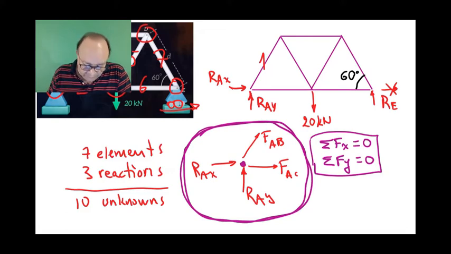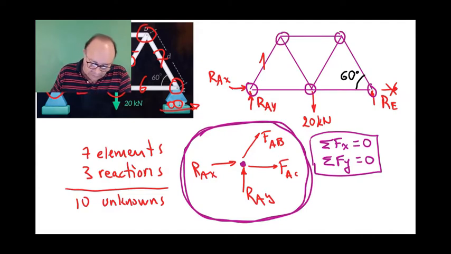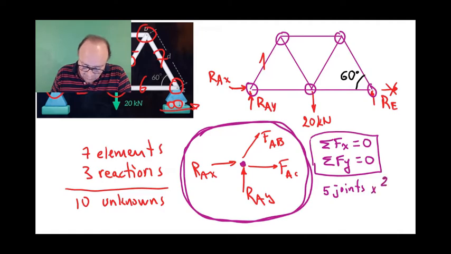So if you have, in this case, 1, 2, 3, 4, 5 joints, you can set up two equations per joint. So then you can establish 10 equations.